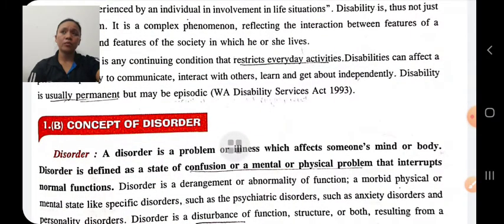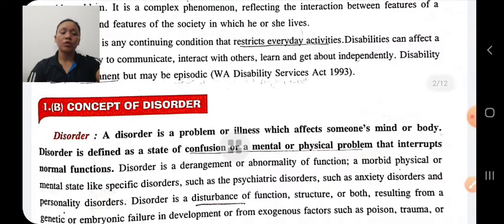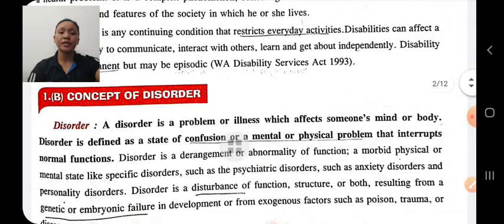Disorders are a problem or illness which affects someone's mind or body. Disorders are mainly related to the mind. They disturb your day-to-day activity.